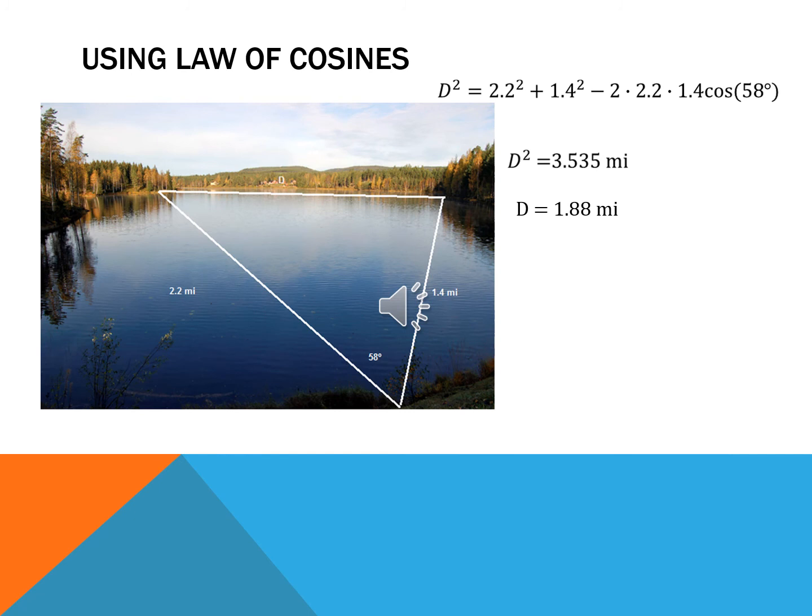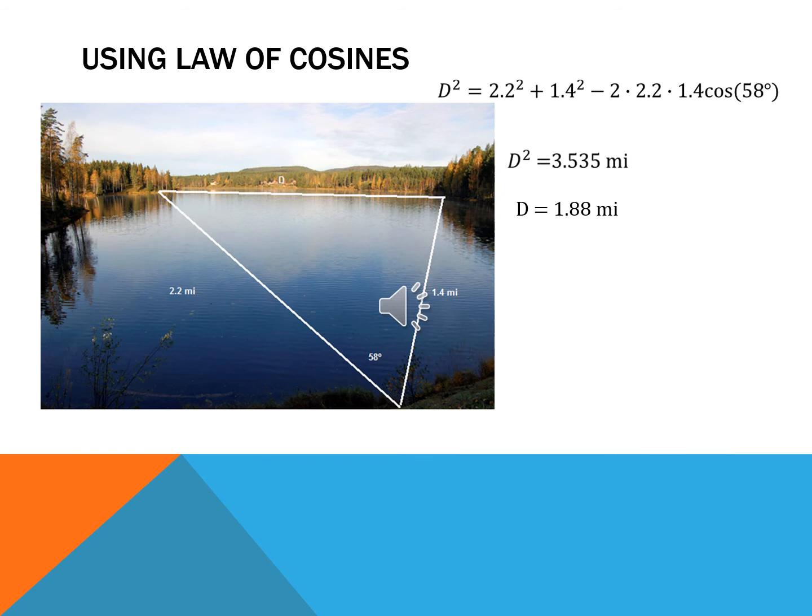Using law of cosines, we are trying to solve for length d across the lake. So d squared will equal 2.2 squared plus 1.4 squared minus 2 times 2.2 times 1.4 times cosine of 58 degrees. So the 58-degree angle is opposite side d, and then the 2.2 and the 1.4 are the lengths of the other sides.